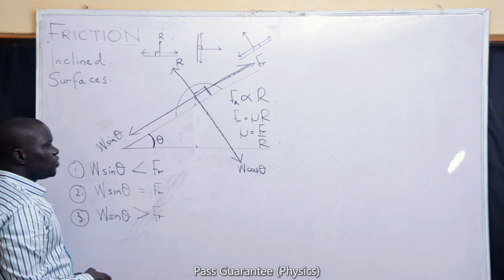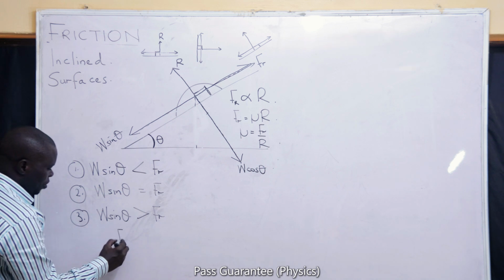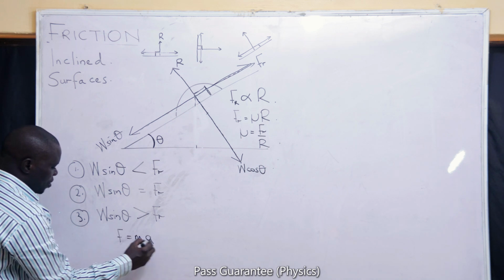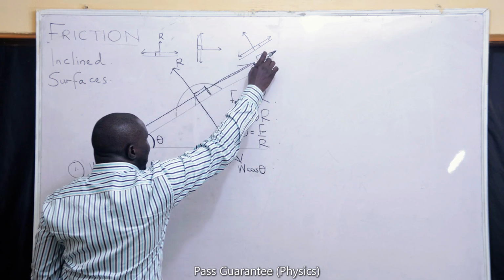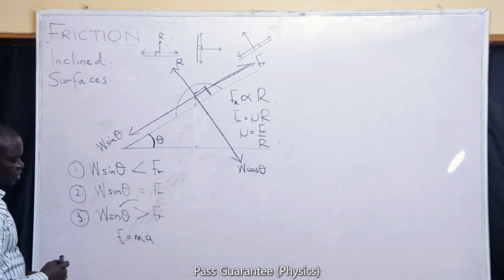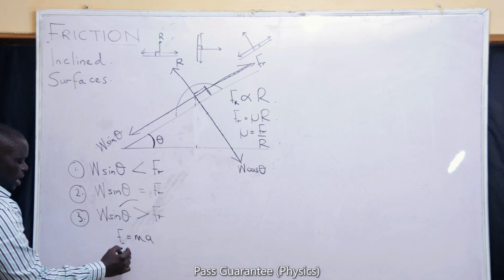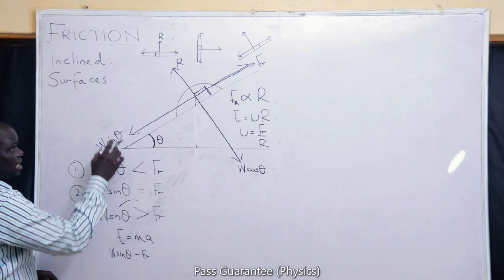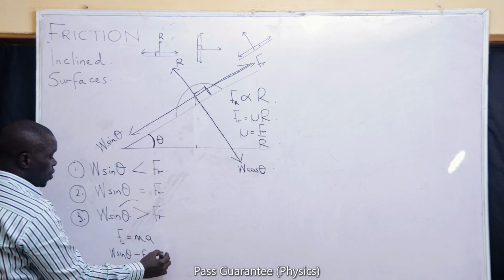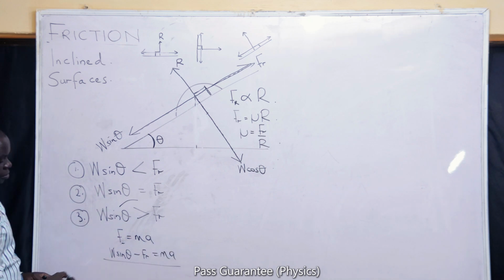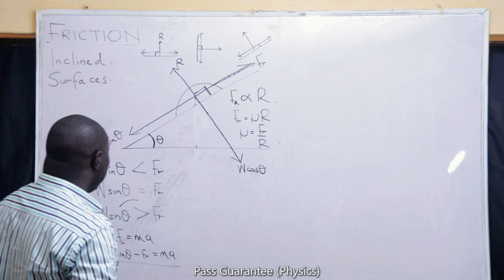So we can now use the formula F is equal to ma. What is F? F is the resultant of W sin theta and the friction. F becomes W sin theta minus friction, and that is equal to ma.